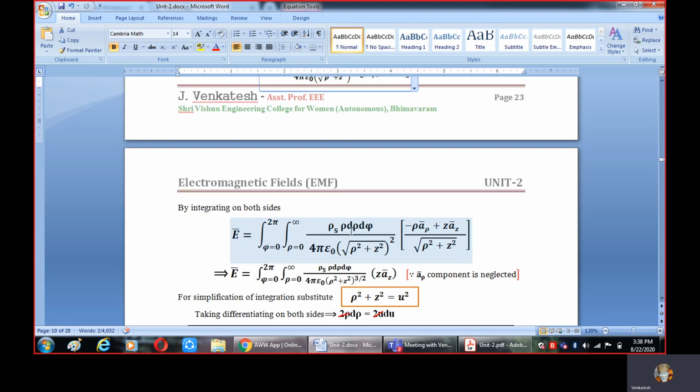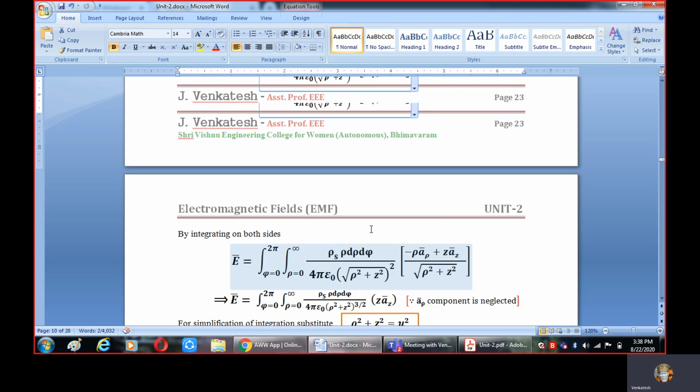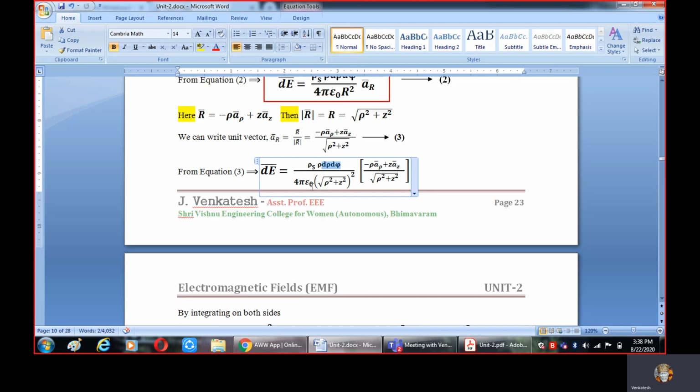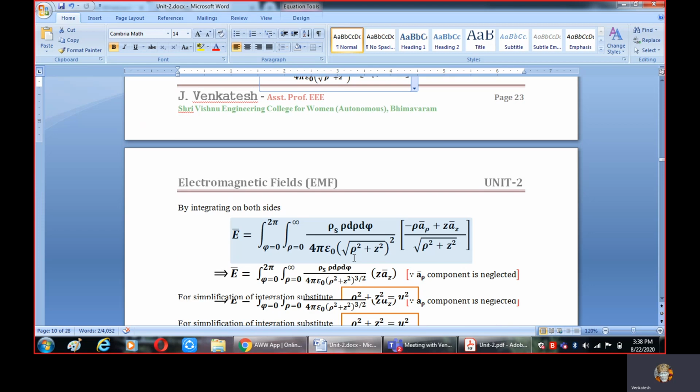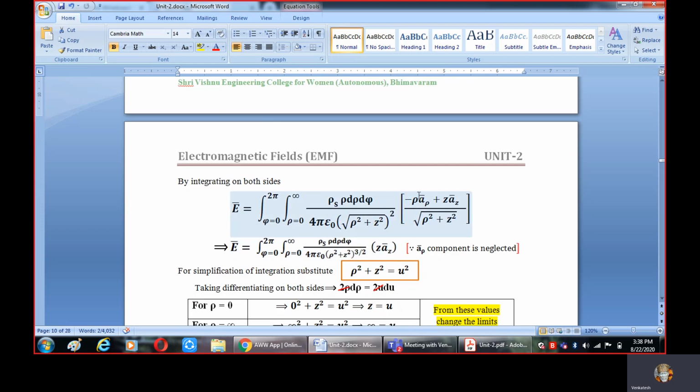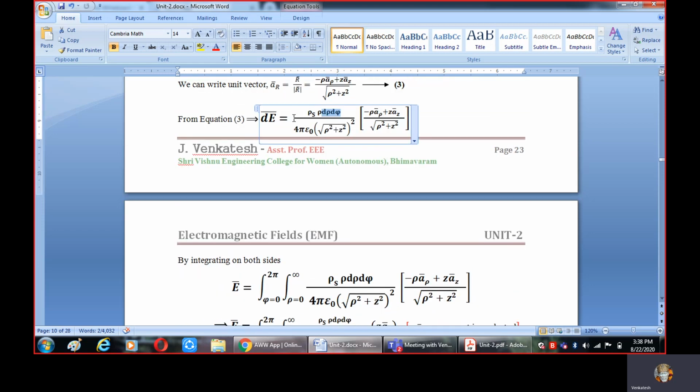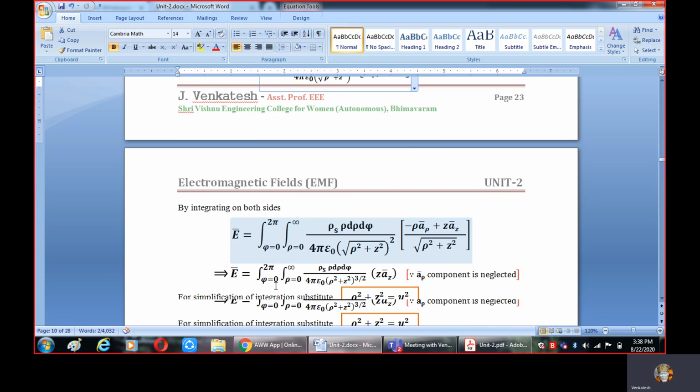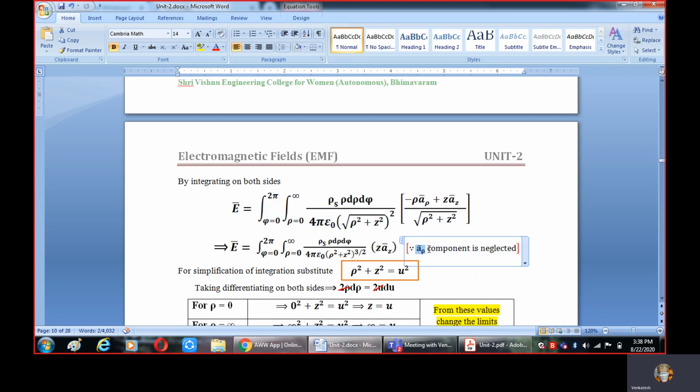And rho_s rho d rho d phi over 4 pi epsilon naught times the square root of rho square plus z square, whole square. Simply, I am integrating, writing two integrals: one is a rho integral and another is a phi integral. Here I am ignoring the a_rho bar component.